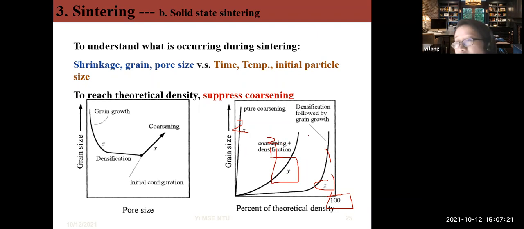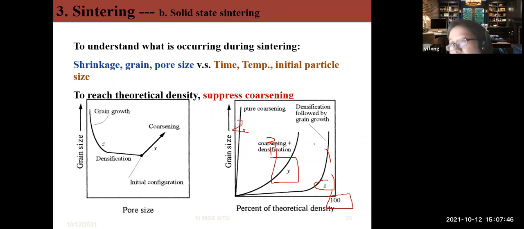So that motivates us to learn how we can control the sintering to get more root 1 or more root 2. This is what we're going to learn this Friday. How can we control the sintering to make root 1 happen more or root 2 happen more?